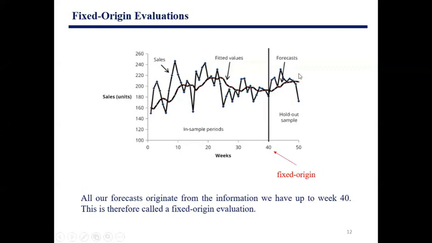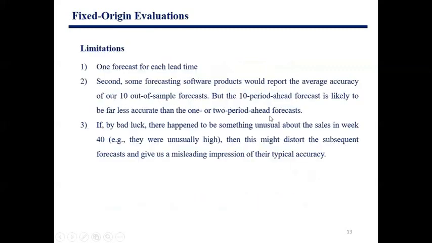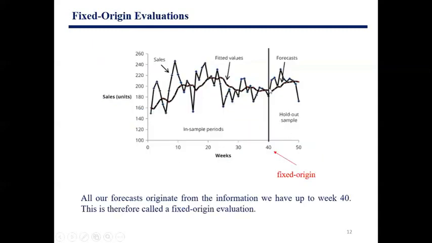And the third point is that sometimes, maybe we don't have this case here, but imagine that at week 40, something weird happens in the sales. This will badly influence your estimation.